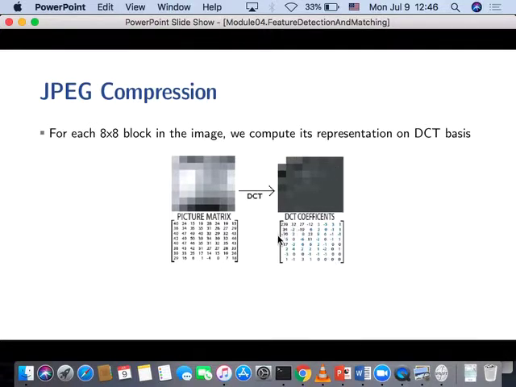Like you see here in this matrix, the first values on the top left are higher, and then there are a bunch of zero or very close to zero values. So we say natural images have some structure to them. They lie in the 64-dimensional vector space, but not everywhere. They lie in some compact subspace of it, and that compactness can be exploited by the DCT.